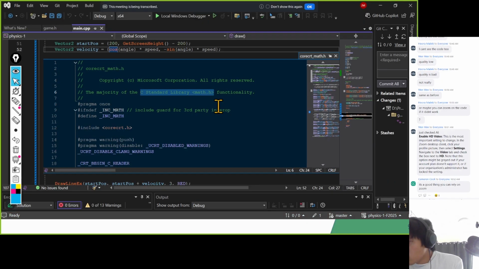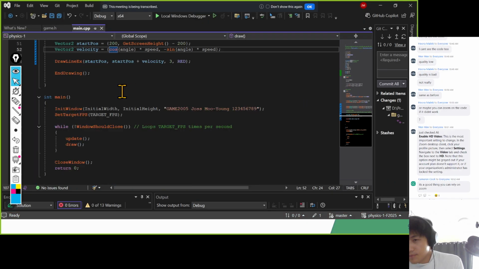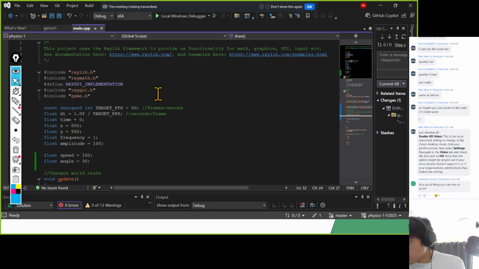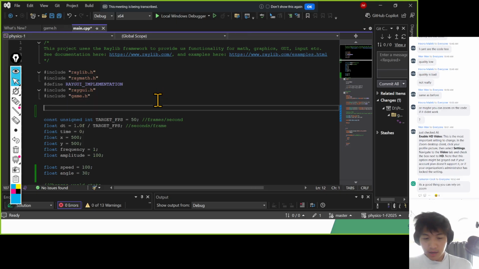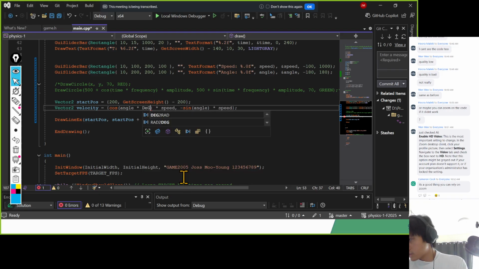All right, so we could go and do that pi over 180 stuff. I think there is a constant already that we have access to called deg2rad, which happens to be equal to pi over 180.